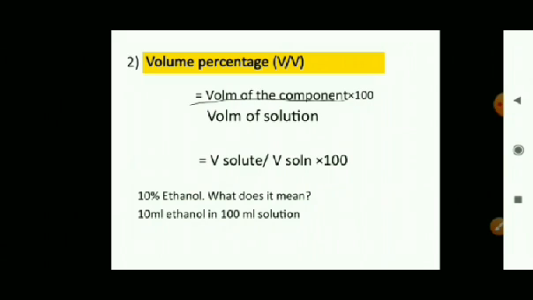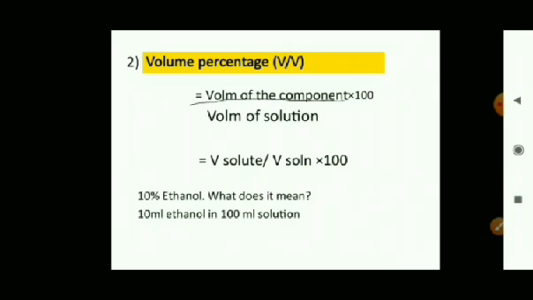So here the volume percentage of the component is defined as the volume of the component divided by the total volume of solution, into 100. Again we are finding this volume percentage, right? So we are multiplying by 100 to find the percentage.